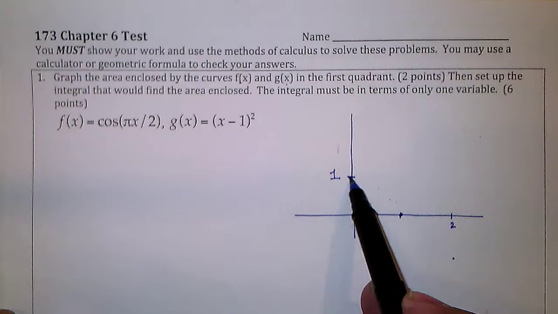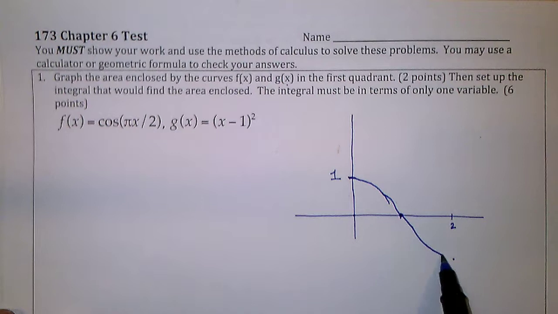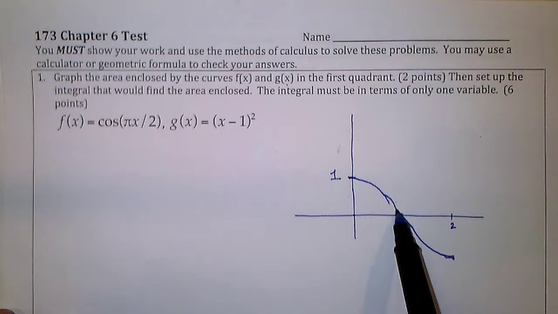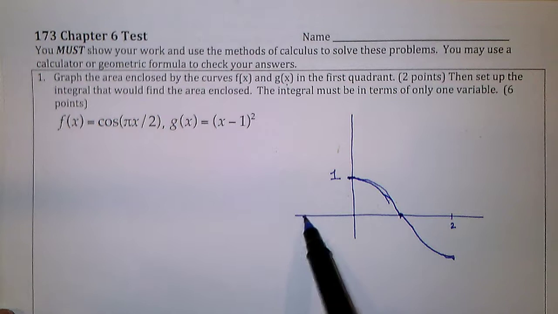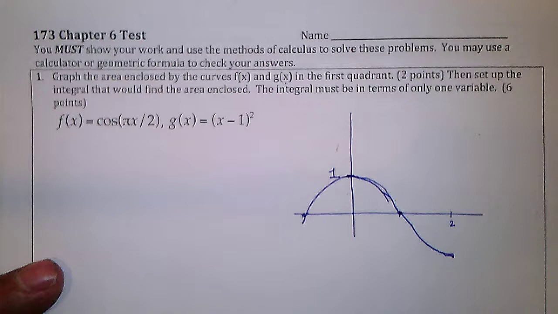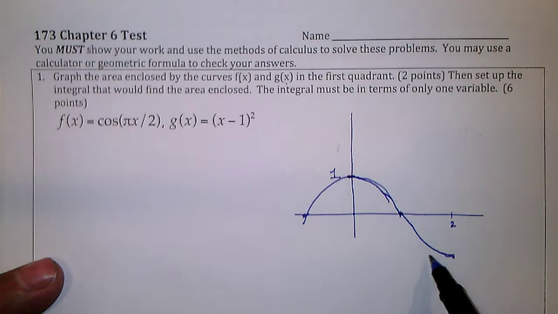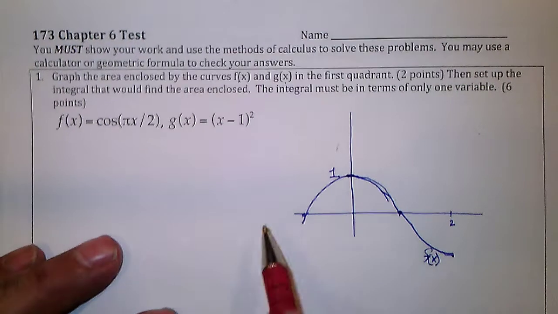So we've got this picture of the cosine doing something like this. And so it probably hits at -1, etc. So this is f of x. Now let's graph g of x.